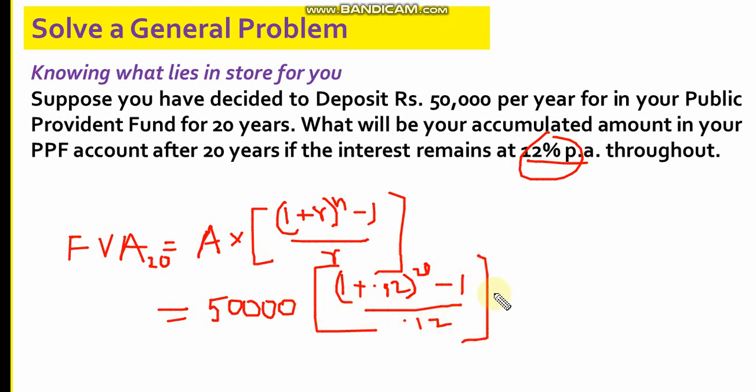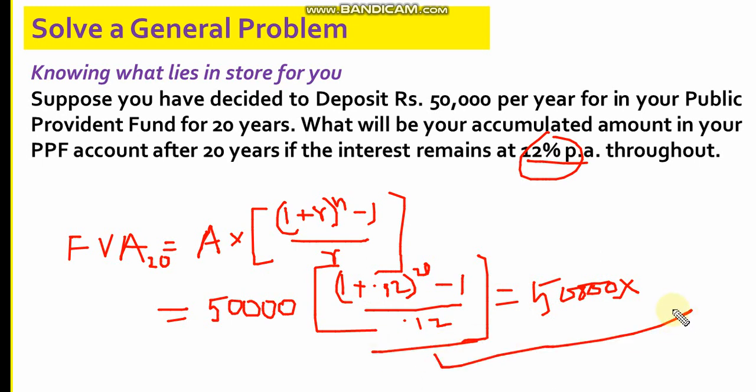So if I solve this part, I get an answer of 50,000 into the solution of this particular part, which will be 72.052.